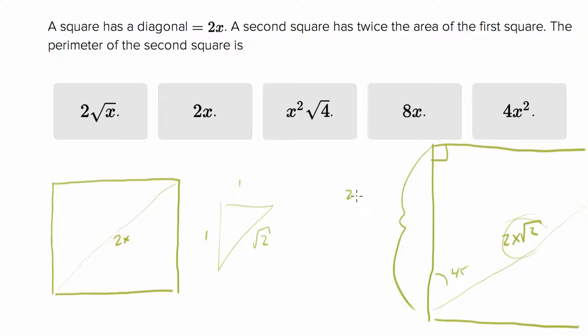So this is 2x root 2 divided by root 2. So that's just 2x. So if 2x is the length of the side, and we add up 4 of those, the answer will be 4 times 2x, which is 8x.